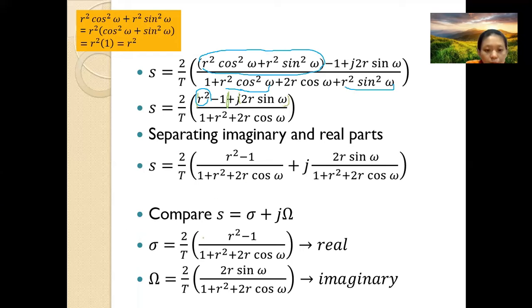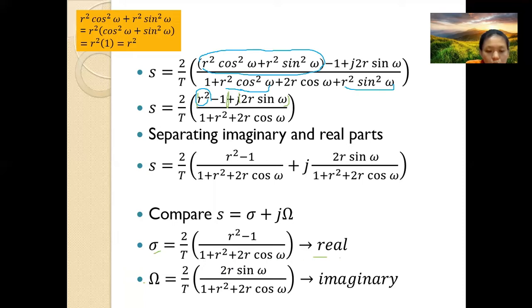So our real part is compared with our s equals sigma plus j omega. So our sigma is our real part. This sigma is equal to 2 divided by t multiplied with r square minus 1 divided by 1 plus r square plus 2r cos omega, which is our real part.